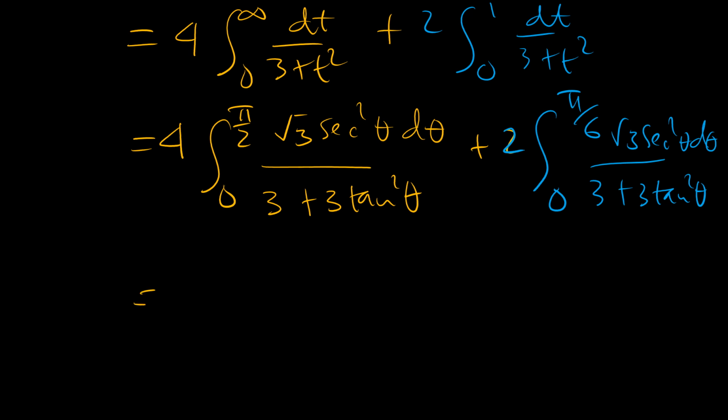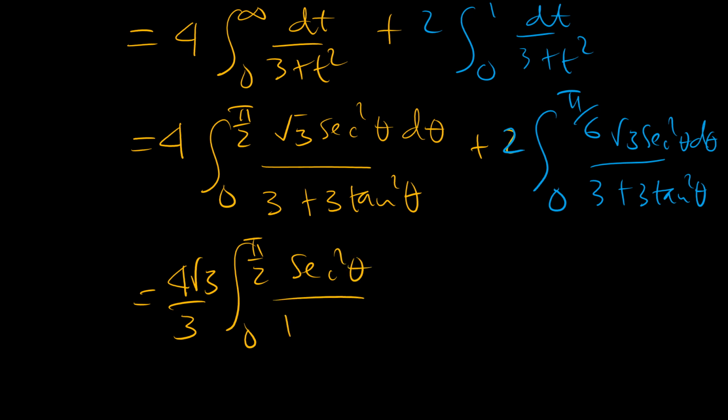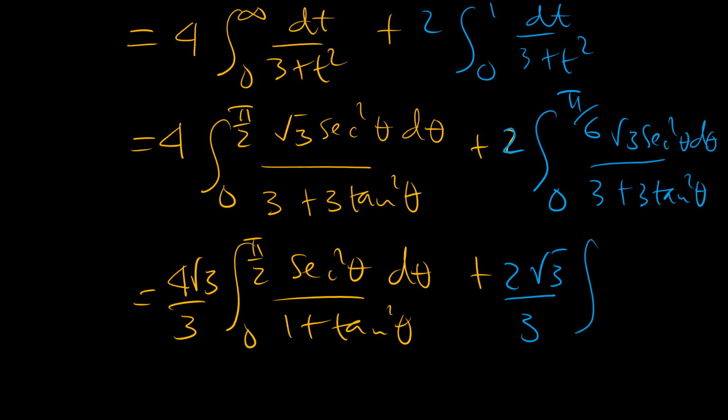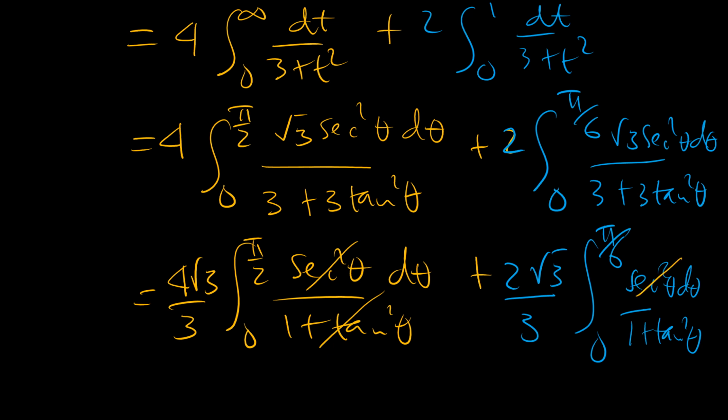So this becomes 4 root 3 over 3, 0 to pi over 2, sec squared theta over 1 plus tan squared theta d theta, plus twice root 3 over 3, 0 to pi over 6, sec squared theta over 1 plus tan squared theta d theta. Now what is key here is we know that 1 plus tan squared theta is sec squared theta, so this and that would cancel, and this and that would cancel.